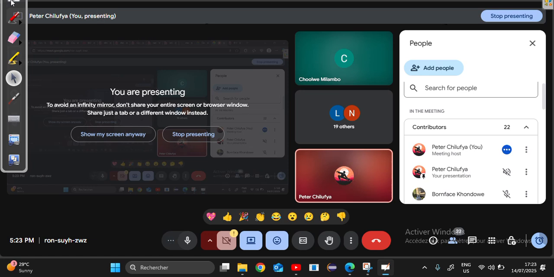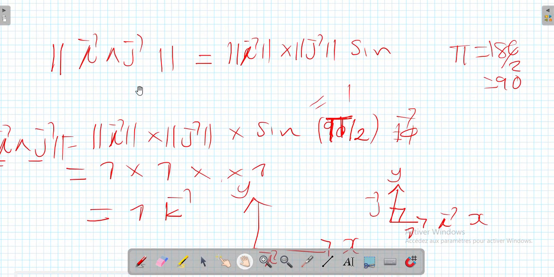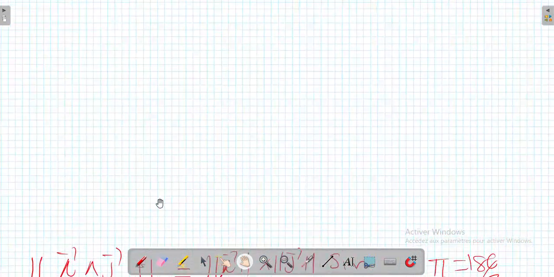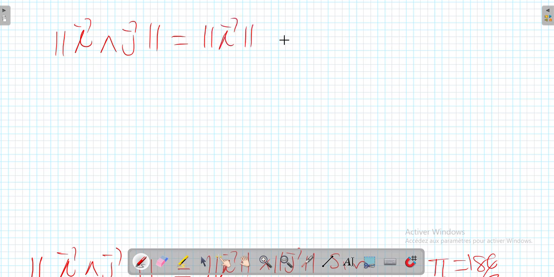Normally, let me not confuse you, this is the definition, this formula that I wrote here. When I say the magnitude of the vector product of two vectors is defined, this is the definition of the magnitude: E multiplied by G, then sine of the angle between them. We put this.